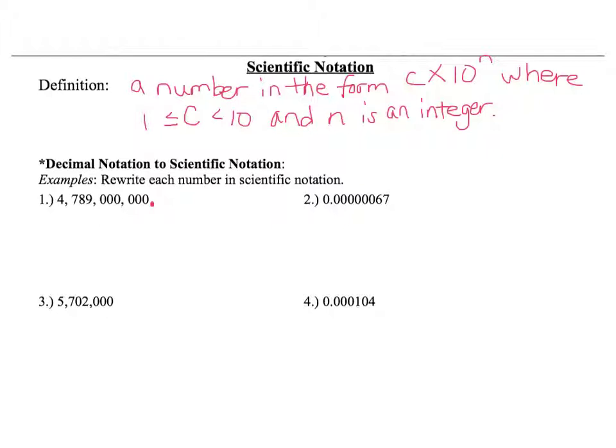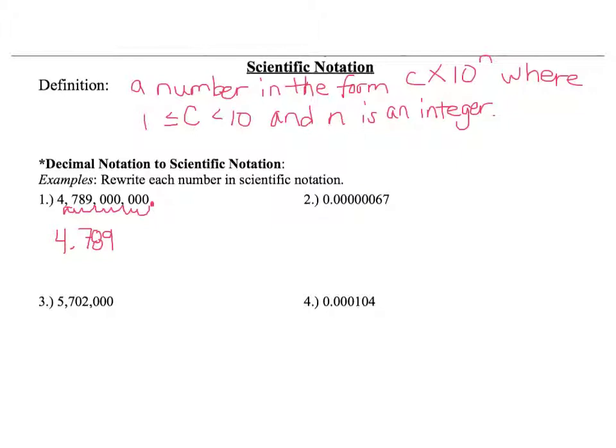So to place this into scientific notation, I need to move it 1, 2, 3, 4, 5, 6, 7, 8, 9 places, so that it ends up behind the 4. So I have one single digit between 1 and 10, that's not 0. To the left of the decimal, I have to keep all of my non-zero digits.